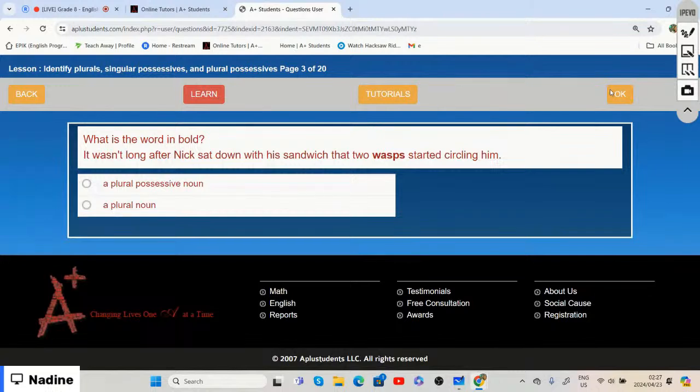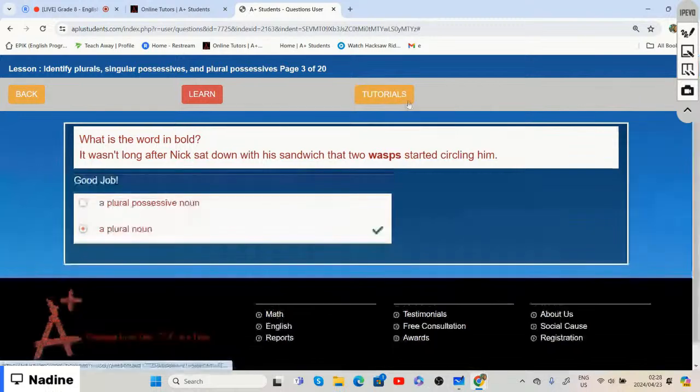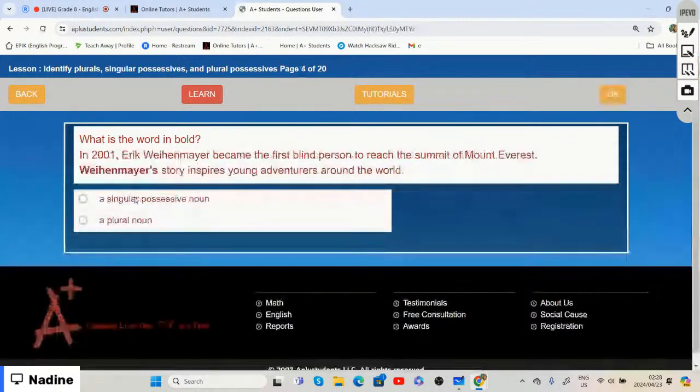Wasps. If we choose the correct one, we can say that it is referring to more than one, which is a plural noun only. Remember, when we add an apostrophe and an s, it's either a singular possessive or plural possessive.